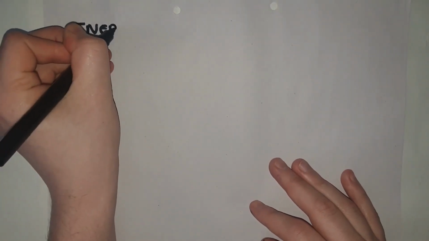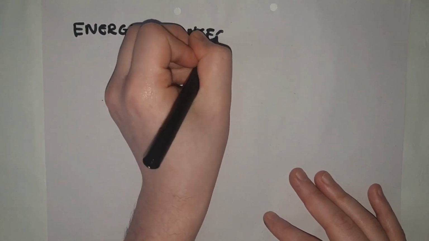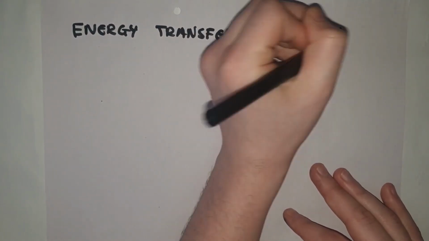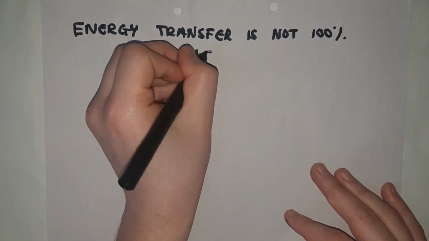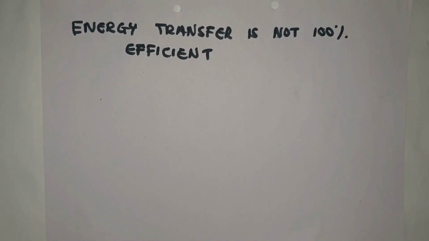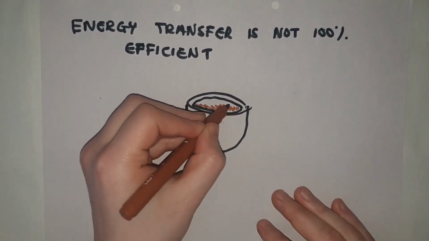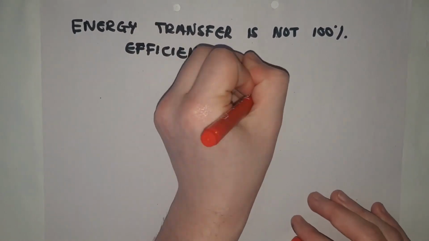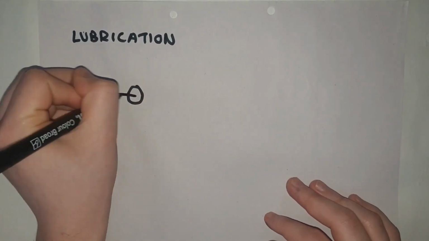Now a device cannot be 100% efficient, it's physically impossible. When energy is wasted to the surroundings, we say that it dissipates, it spreads out. Objects that are hotter than the surroundings will transfer energy to the surroundings by heat transfer. So if a machine has moving parts which come into contact, friction will cause them to heat up.